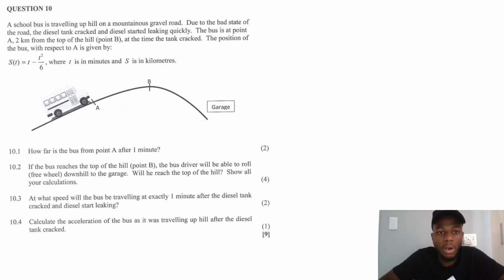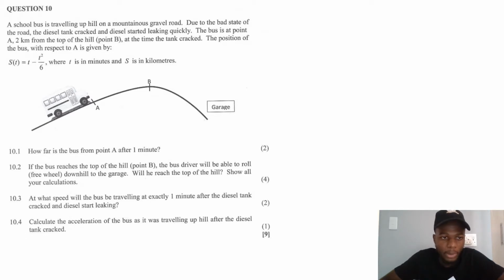So in today's video, I will be continuing with optimization and rate of change. So here's our question. We're given a school bus traveling uphill on a mountainous gravel road. Due to the bad state of the road, the diesel tank cracked and the diesel started leaking quickly.